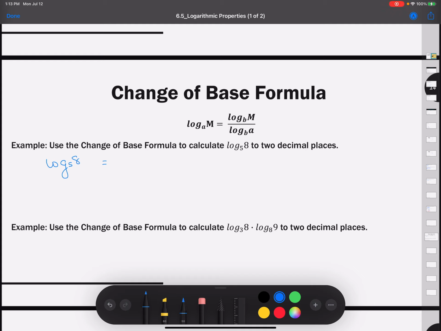So if we change it to a log base 10, so say we want to change log base 5 of 8, we're going to do log of 8, because that's what it says to do, right? So a is 5 here, m is 8 here. So we're going to do log of 8, because this is log base 10, divided by log of 5.